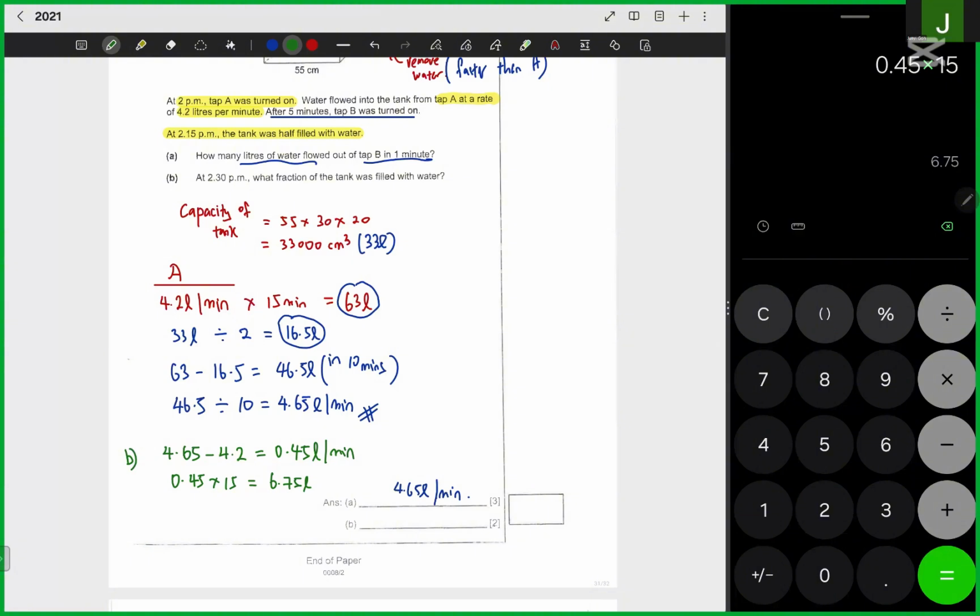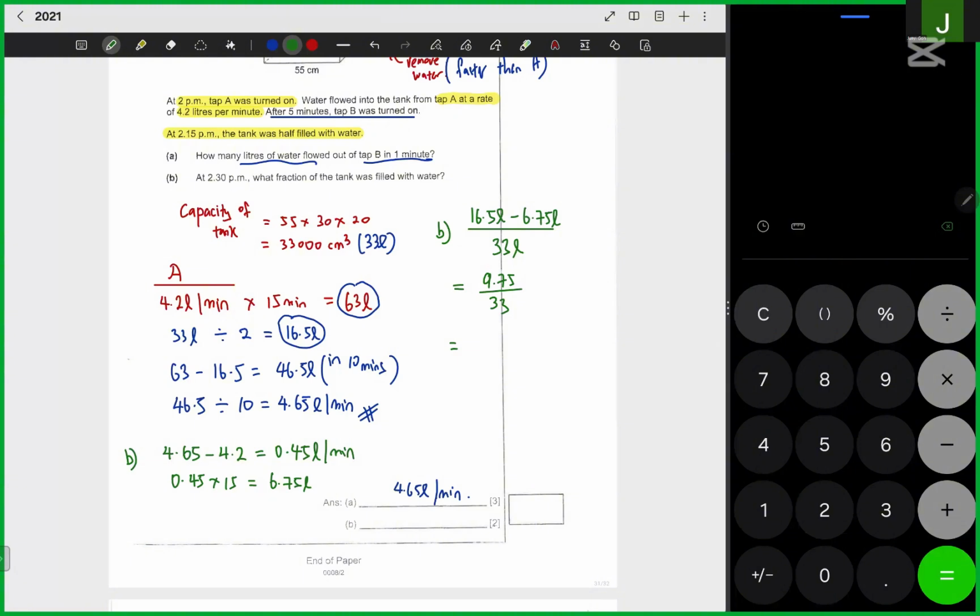So what fraction was filled with water? My total capacity of the tank is 33 liter. At 2:15 I have 16.5 liters, but 6.75 liters is going to leave the tank. So that will be 16.5 minus 6.75. So I have 9.75 left out of 33. What's 9.75 divided by 33?